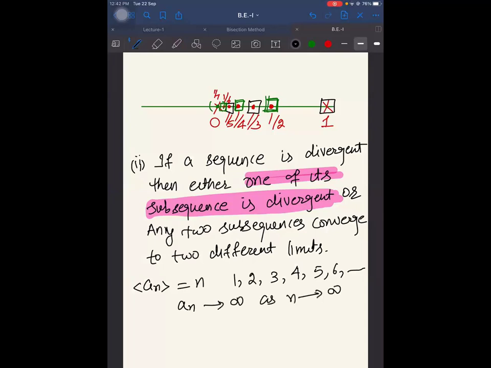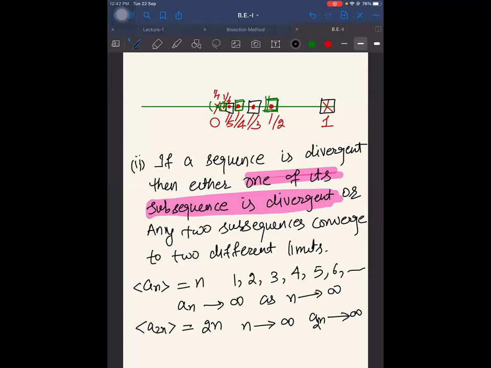In fact, any subsequence of it is divergent. If you pick a2n, only even numbers, even then as n tends to infinity, a2n will tend to infinity.